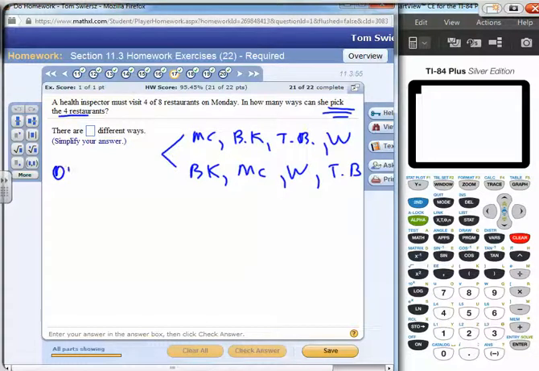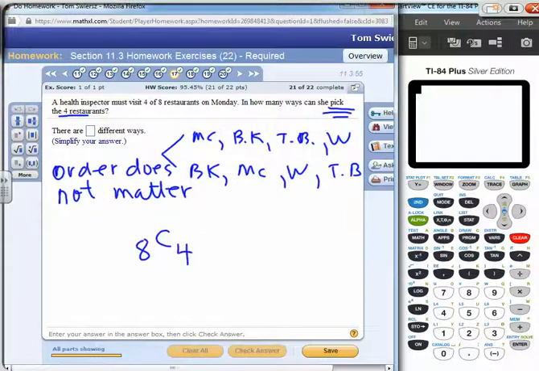So order does not matter, because it's still the same 4 that she picks. So it's a combination, total of 8, and she's picking 4.